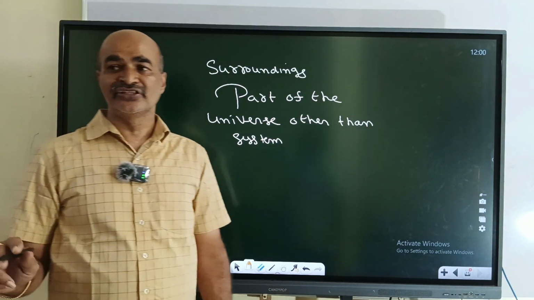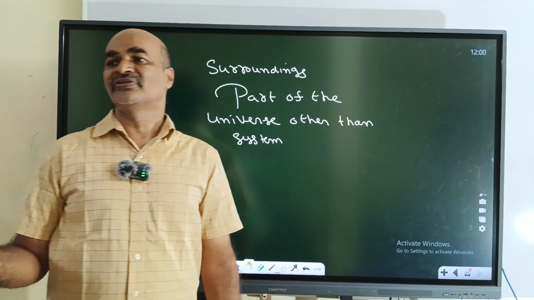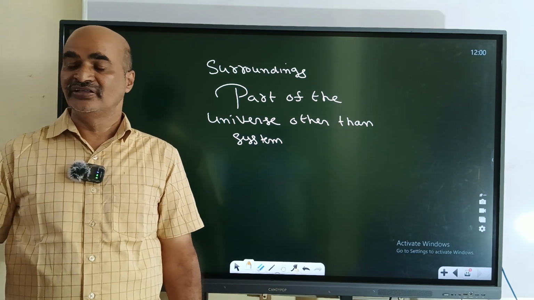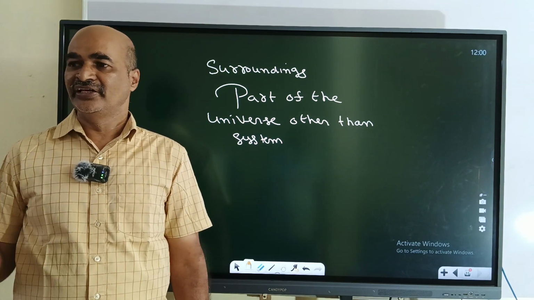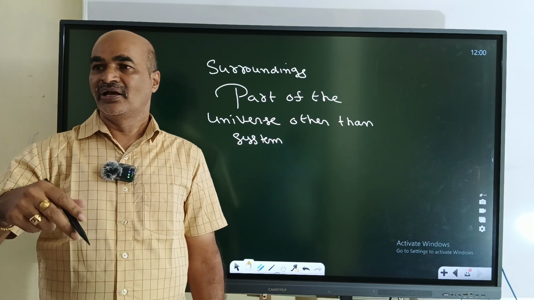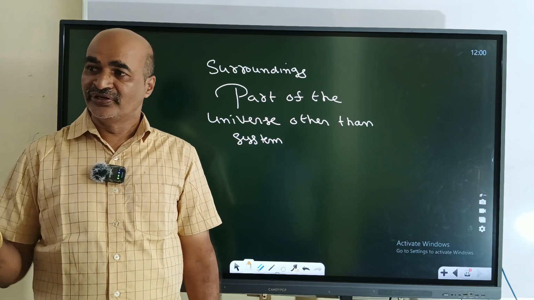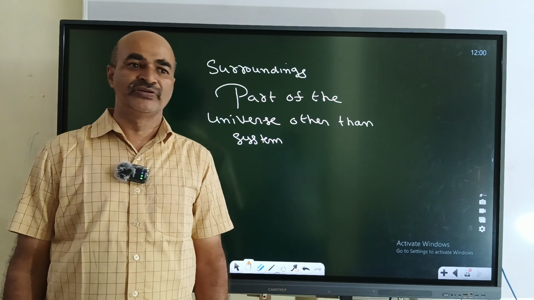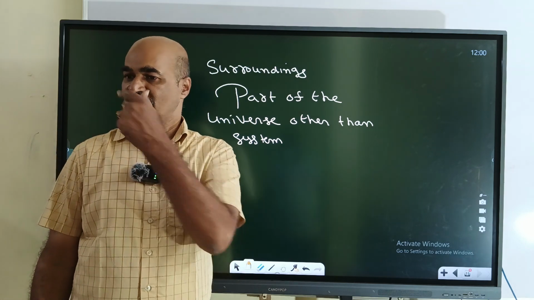Heat is exchanged between system and surroundings. Heat may come from surroundings into system, or heat flows into surroundings from the system.